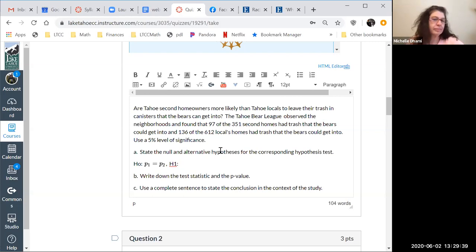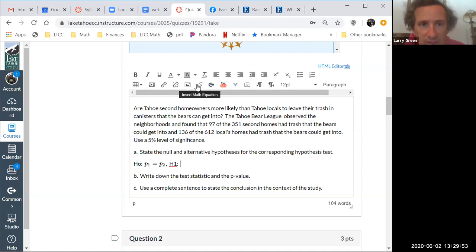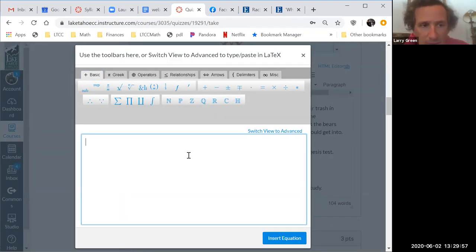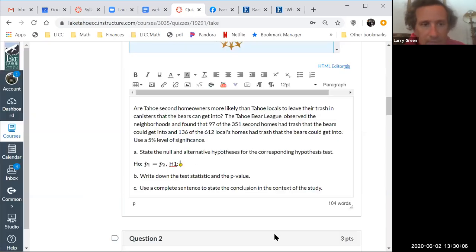I'm going to go in the order in which it's read, so I'll let the second homeowners be the first one, and the locals be the second one. So that means P1 is greater than P2. Any questions on part A?